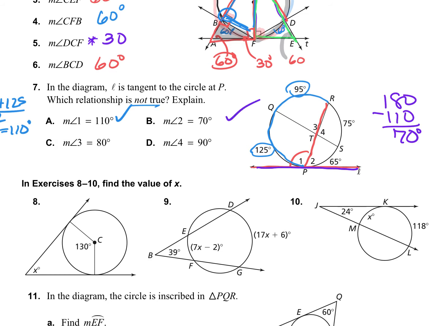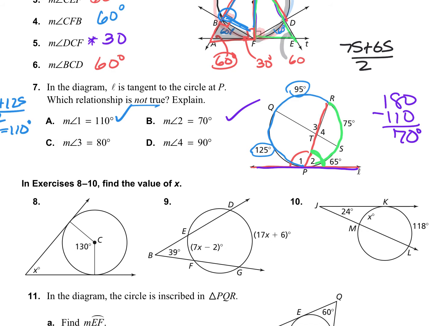Now, I could have also done the same thing that I just did for angle 1, and angle 2 is going to be half of its intercepted arc. So I could have also added 75 and 65 and divided it by 2.